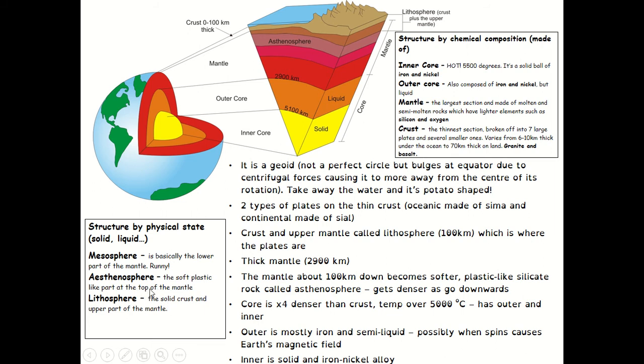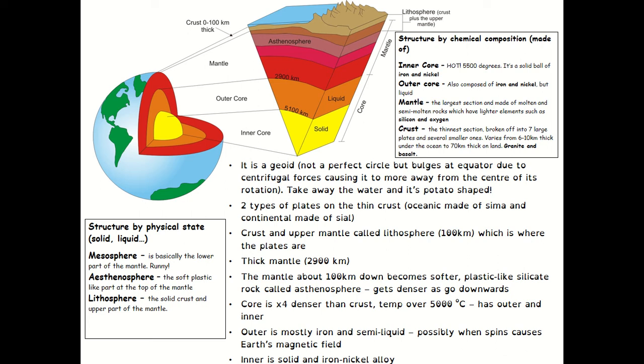The asthenosphere is what we know as that gloopy, semi-molten, soft plastic type substance underneath. So that's from that top part of the mantle that's solid down to the middle part of the mantle. And then we've got the mesosphere, which is the bottom part of the mantle, which is very liquid, would run like water. So that's what's going on there.